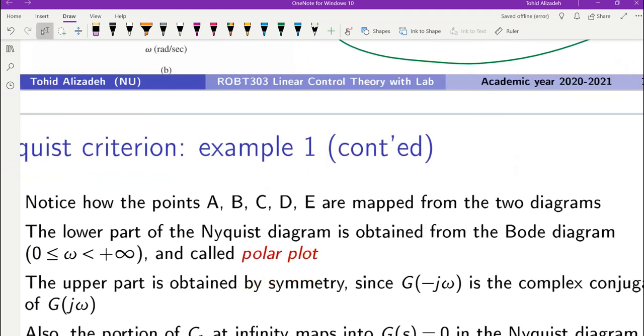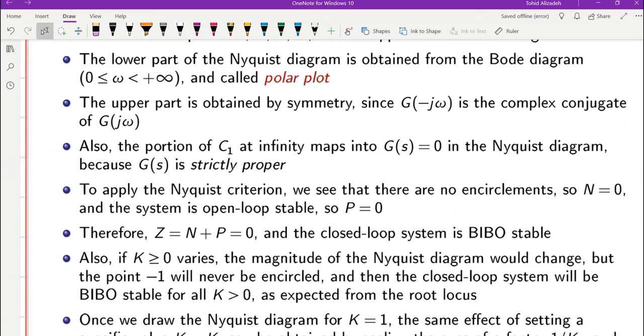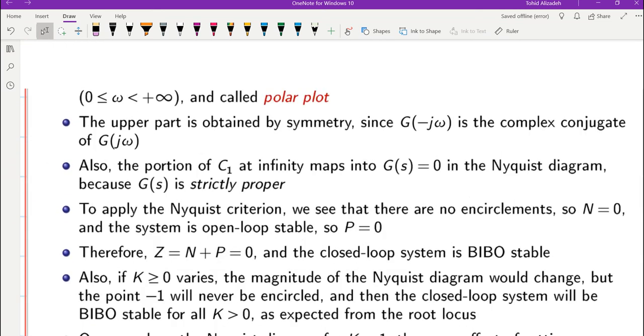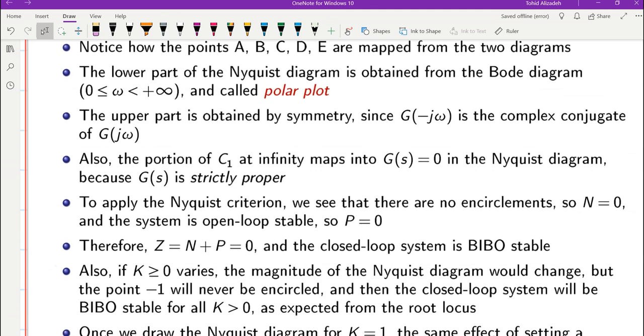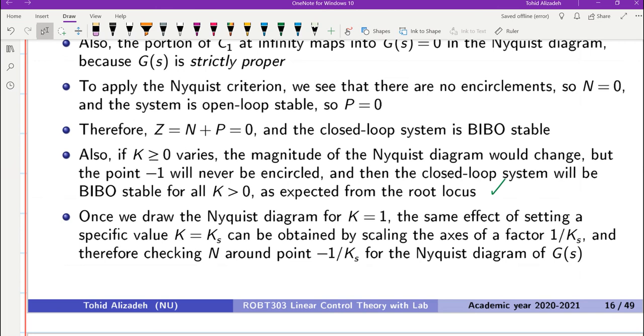As an alternative way of considering the inflation or the shrinking of the Nyquist plot, we can think of it in the way that I'm going to explain. So instead of inflating the Nyquist diagram by the factor k, or shrinking it by the same factor, we can keep the Nyquist plot as it is, but then scale the axis by a factor of 1 over k.